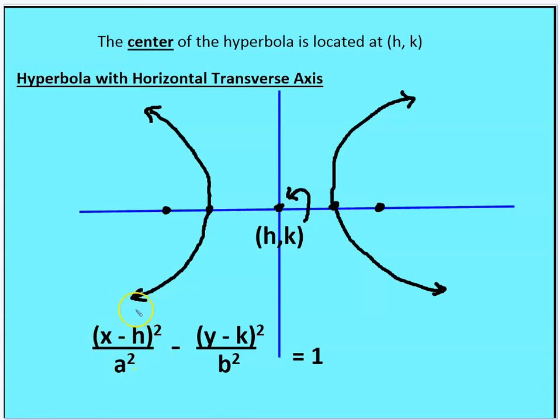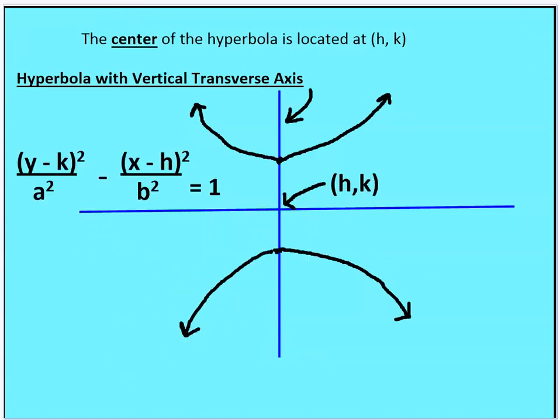What distinguishes the a value, or the placement of the a value, is that it is associated with a positive term. So a squared is underneath the positive term, b squared is underneath the negative term. b squared can be greater than a squared in this case. So here again, the formula for a hyperbola with a horizontal transverse axis.